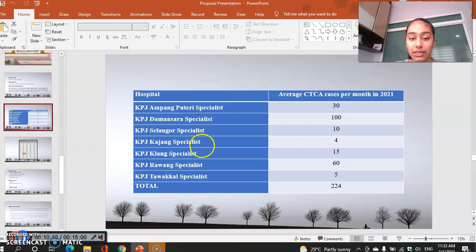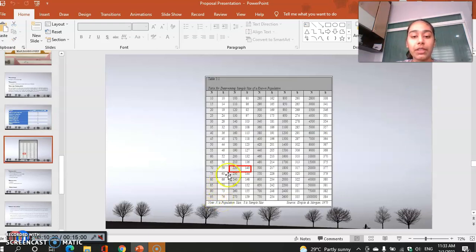As you can see here, these are the KPG hospitals, and these are the cases of CTCA per month, respectively. So 140 increased by 10%, so I'll be taking 154.